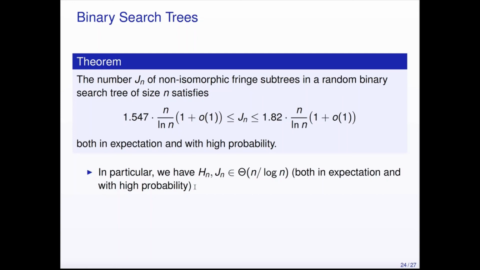And now if we recall the sizes of the ordered and unordered DAG of a uniformly random binary tree, then we find that the corresponding bound was theta of n over square root of log n. So in random binary search trees, the DAG sizes are smaller on average and with high probability than in uniformly random binary trees.